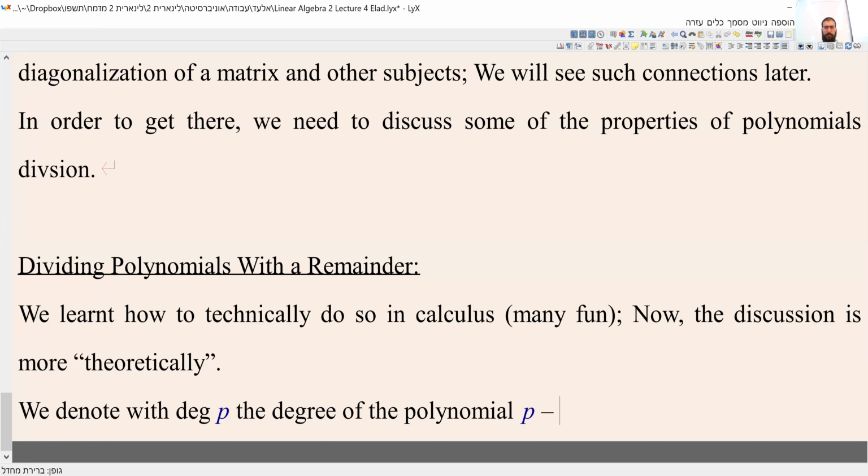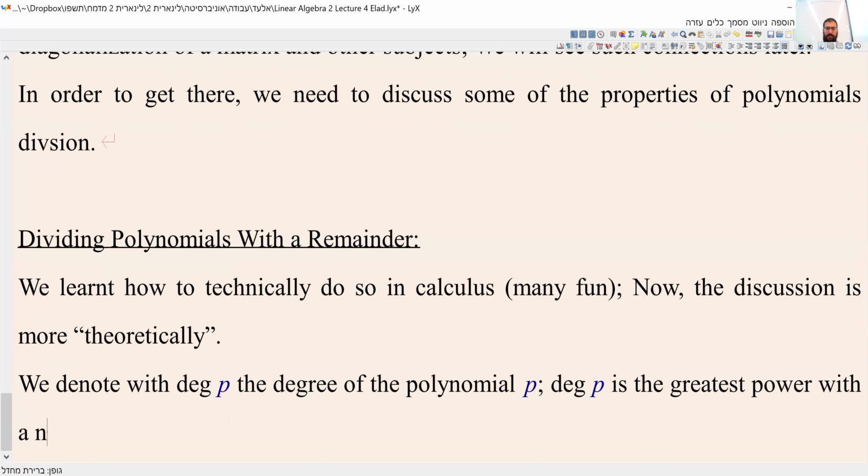What's the degree of the polynomial p? Deg p is the greatest power with a non-zero coefficient.